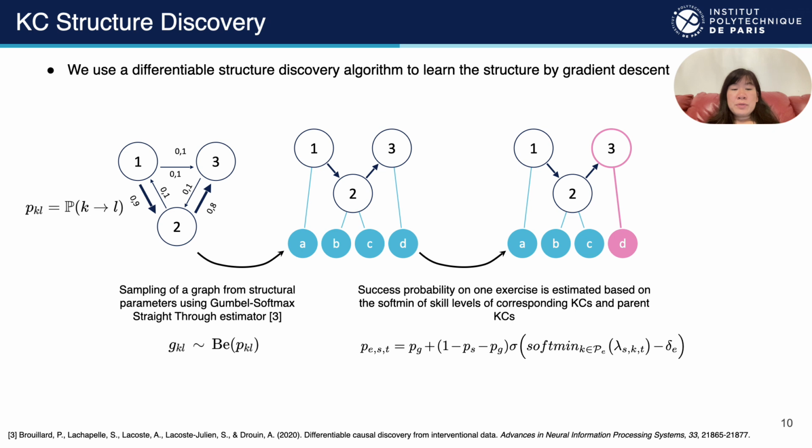We propose a formula where the probability of success is going to be a softmax function related to the soft mean of the level that we estimated.